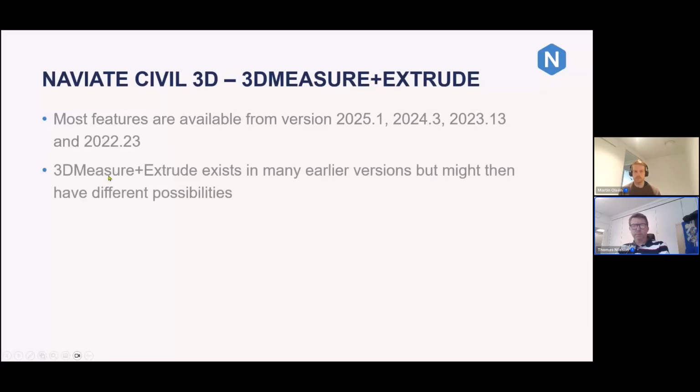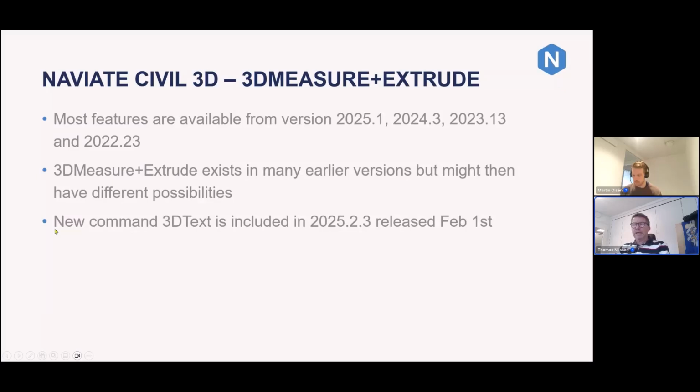However, these commands actually exist in earlier versions as well. So you might be running 22.1 version or so, and you will still find those commands, but they might look different and have different possibilities.